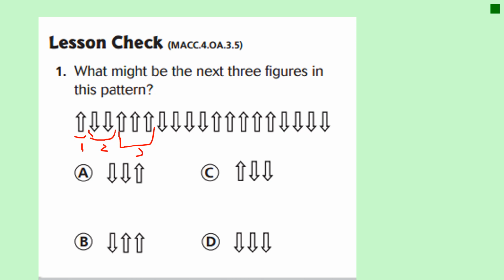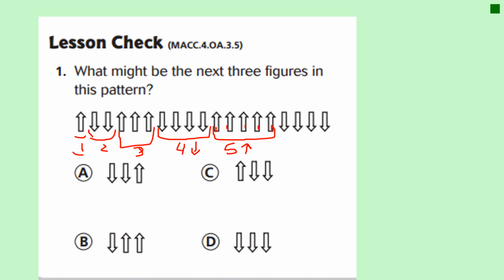Now look at this. Count those. Yep, that's 4 that go down. Okay, I bet you see the pattern right now. 1, 2, 3, 4, 5 going up, right? 5 arrows going up. So what do you expect to see next?